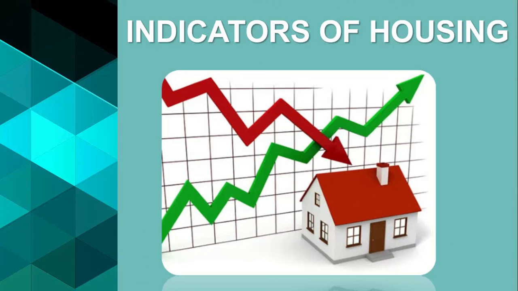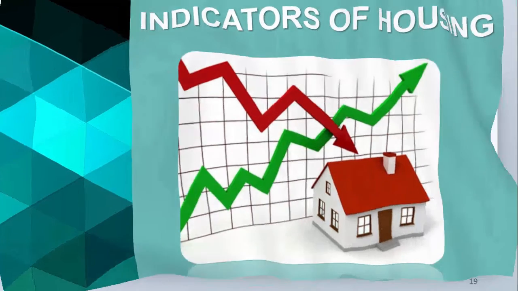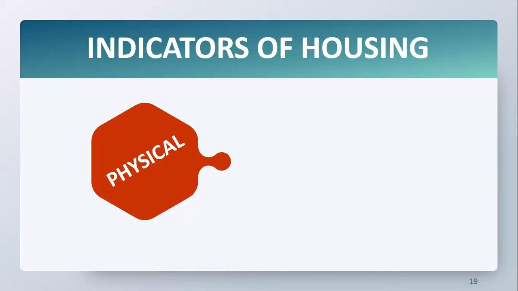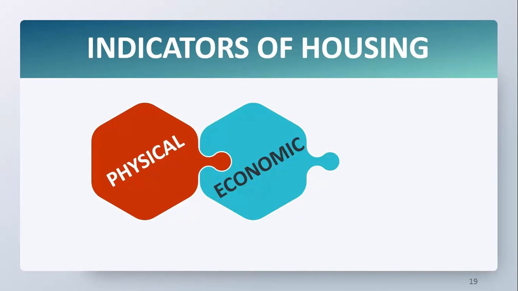In recent years, the use of indicators has become widespread for the measurement of quality of life. The indicators of housing may be classified as physical indicators, economic indicators, and social indicators.